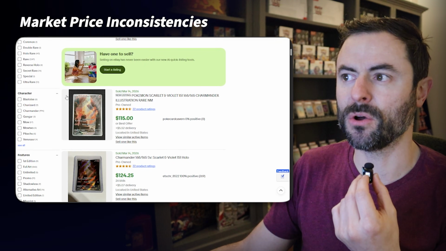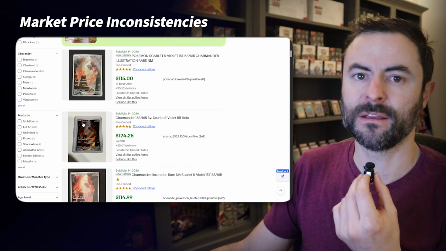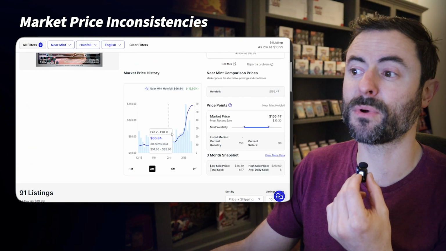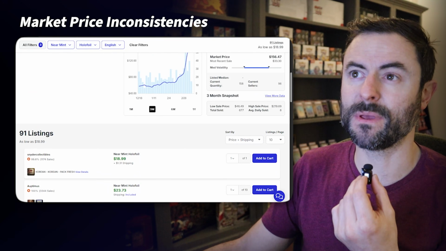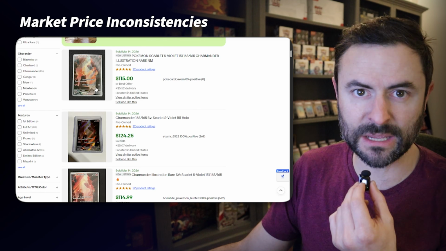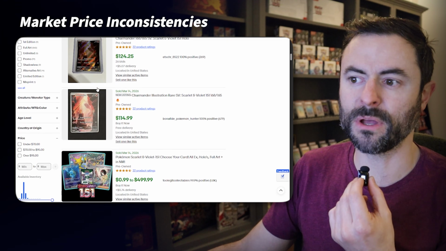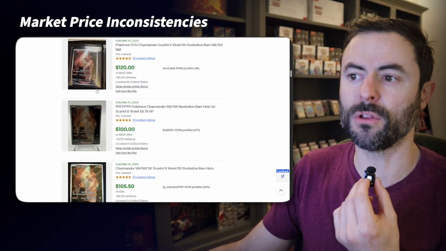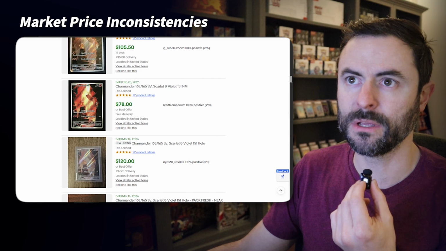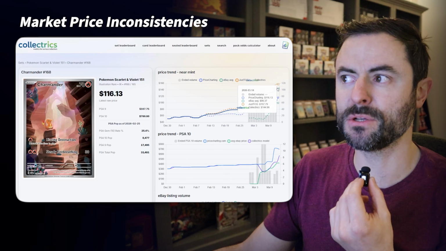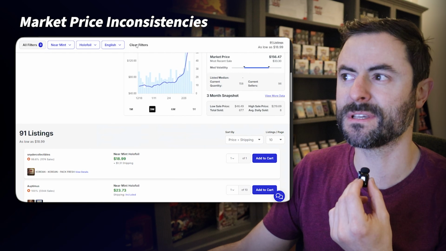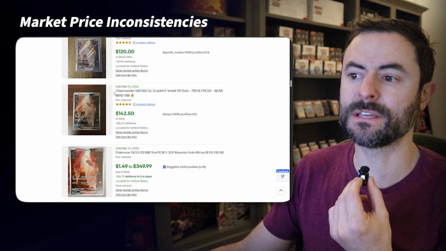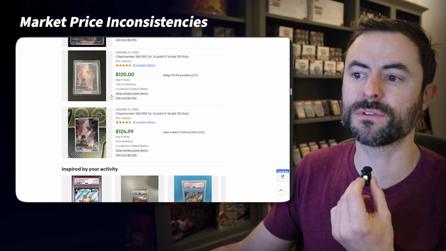I know this does not always account for condition, and I'm sure that these prices can often be because the condition is pristine, gradable quality, but there's still going to be a lot of that on eBay too. But if you just go through, these listings are nowhere close to $160, not a single one. So how is it that TCGplayer is saying this is a $160 card for near mint, but I can't find a single sold listing that's even coming close to that?